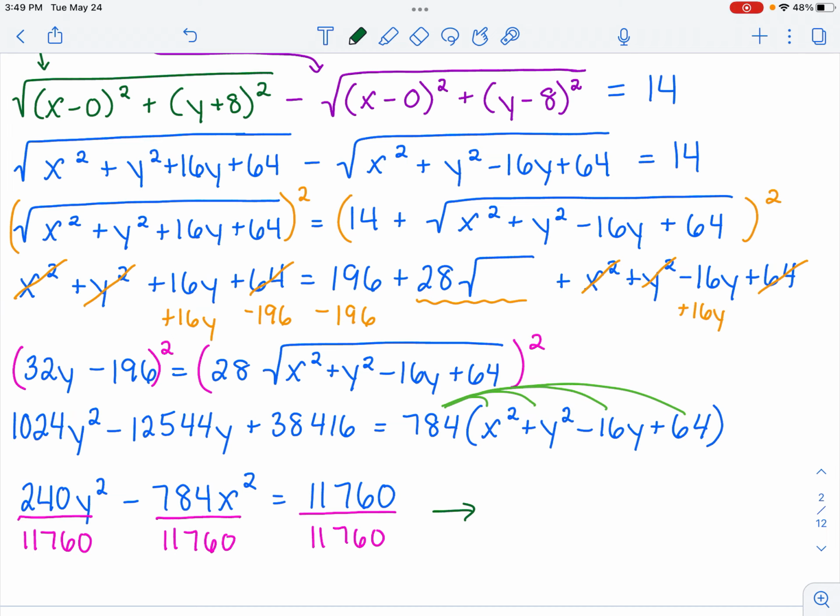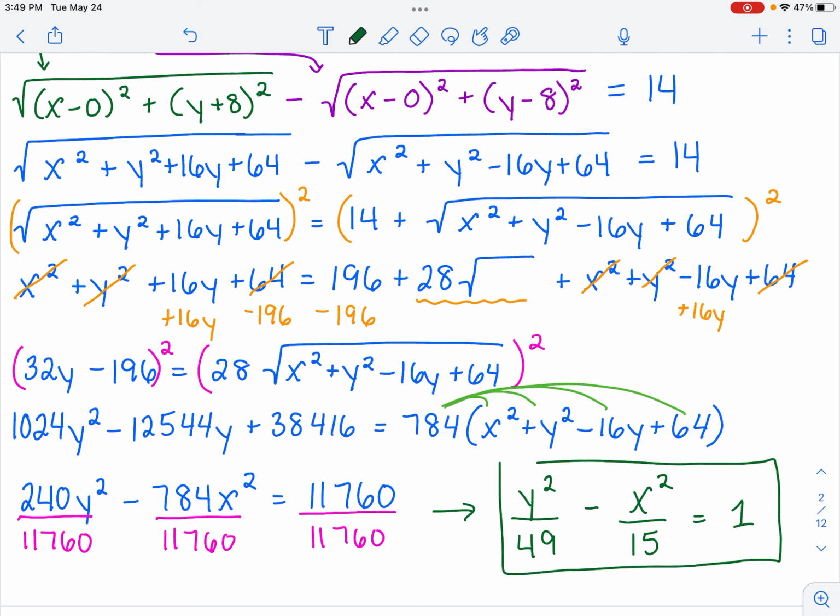Well, believe it or not, 240 goes into 11,760 nicely. This comes out to y squared over 49. And then, again, believe it or not, 784 goes into 11,760 nicely. This is x squared over 15. And then we have our equals 1. This is the equation of the hyperbola on the previous slide in the opening video.